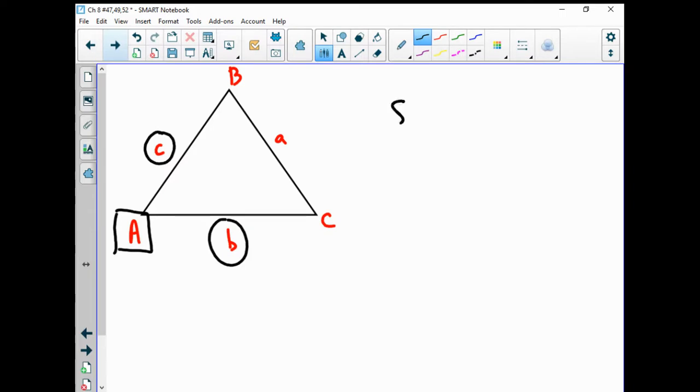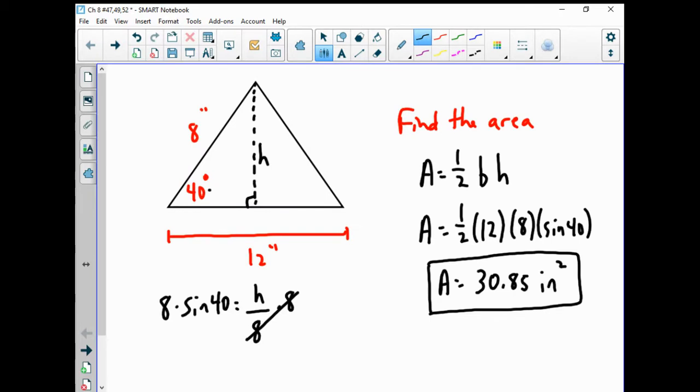This was a side angle side situation, where we had two sides and the angle in between. But how did we use those pieces? Well, if we go back to what we ended up with, we had half, because it was a triangle, of 12, which was one of those sides we were given, times 8, which was another side that we were given, times the sine of the angle that was in between.